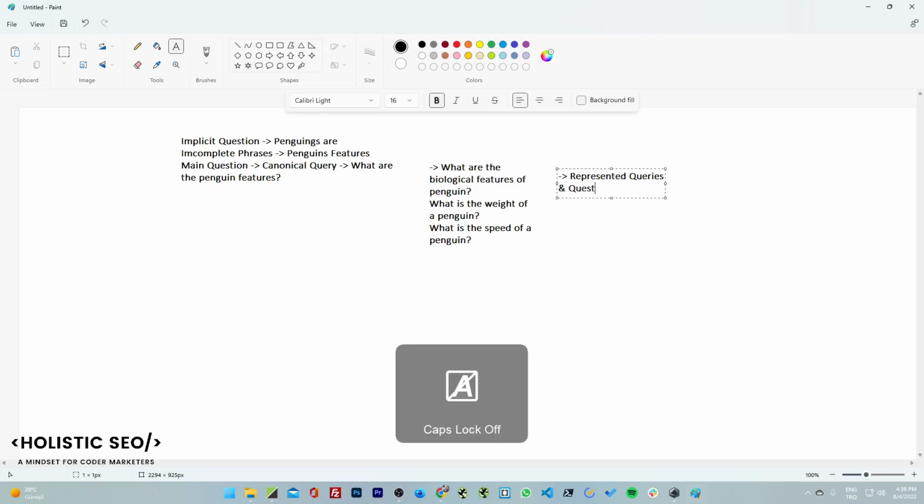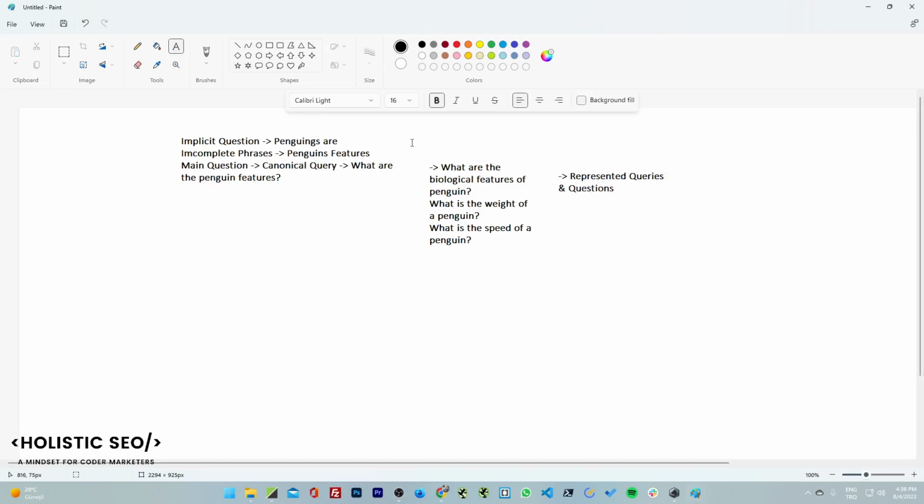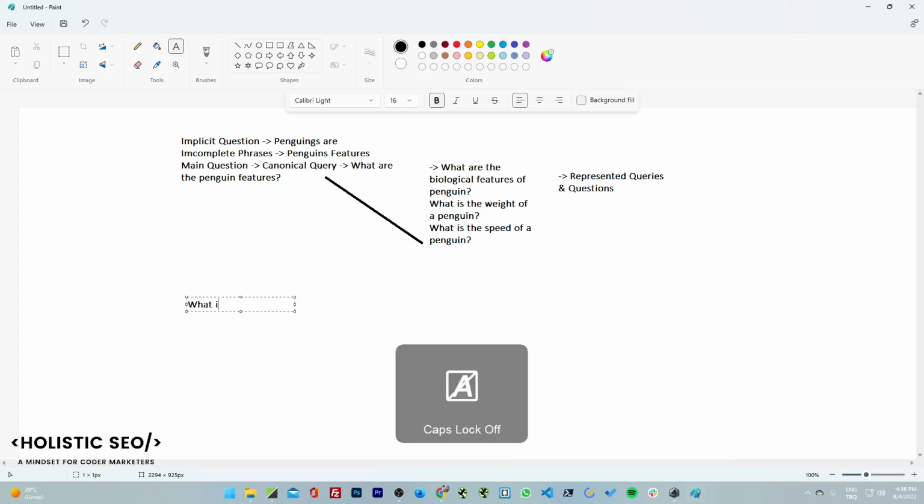And also questions. So basically, when you have a main question in your mind or in your document, you will need to answer all of these things one by one, because at the same time, every question has some uncompleted things. Because when you ask, let's say, what is the speed of a penguin?